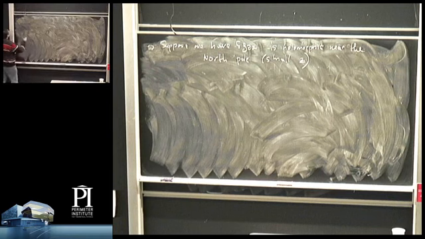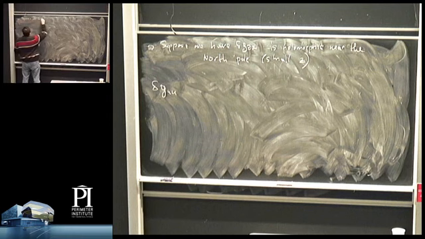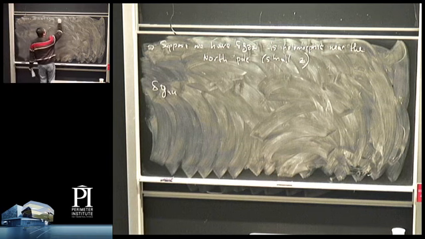Let's suppose we have delta GZZ, and this delta GZZ is a holomorphic differential near the North Pole.